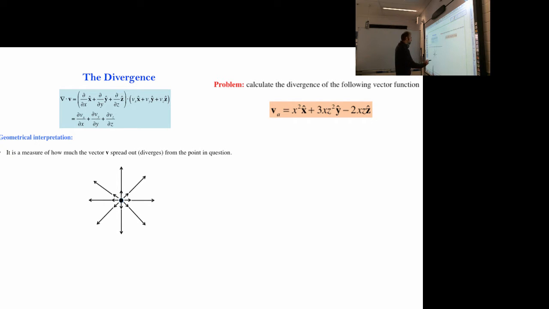So here we see in this schematic that this particular vector has a large divergence. Here in the above equation is our operator, and here is our vector. Now whenever you take the divergence of a vector function, what you're left with is a scalar.